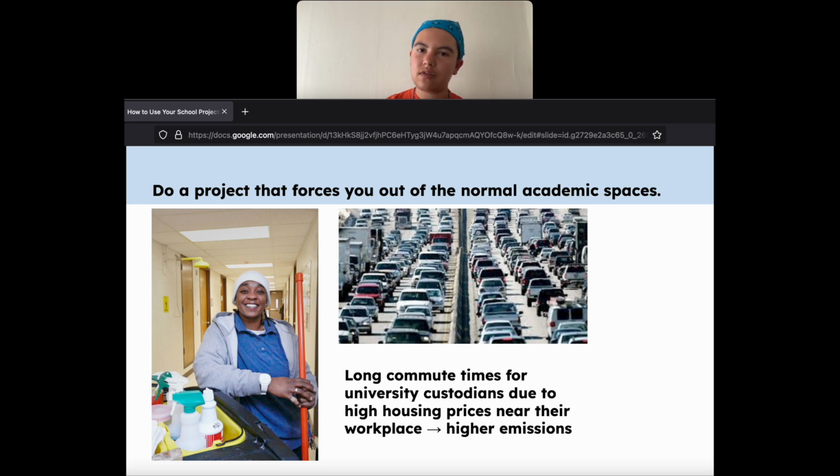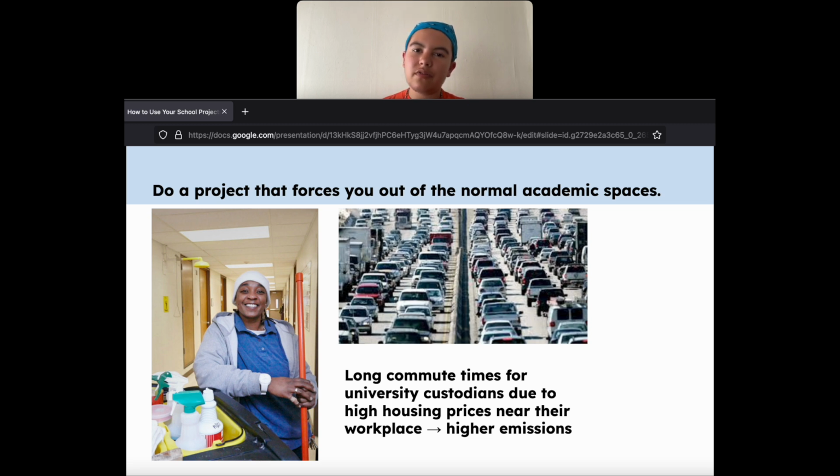And so, if you were to interview a bunch of those custodians and say, what is your average or median commute time? Are you doing it with public transportation? Are you doing it with a car? Are you carpooling?